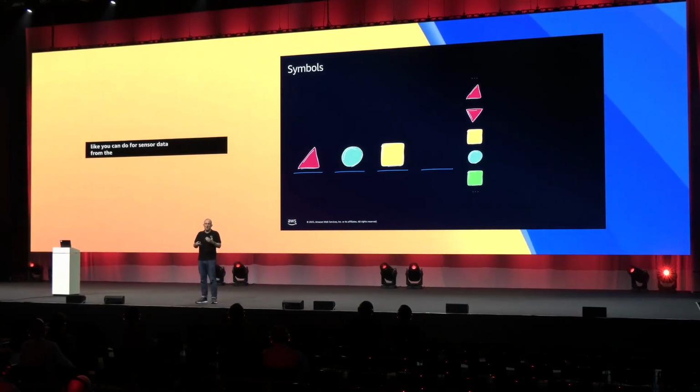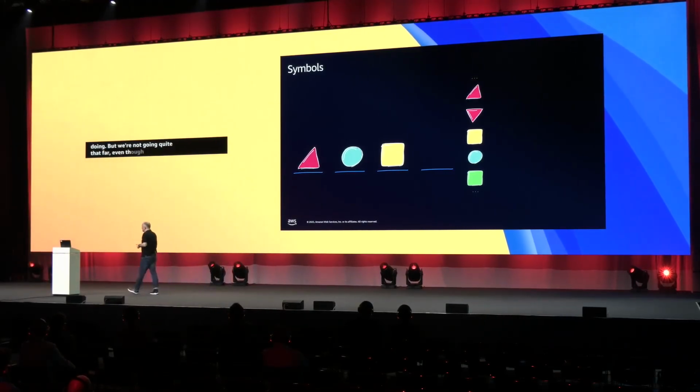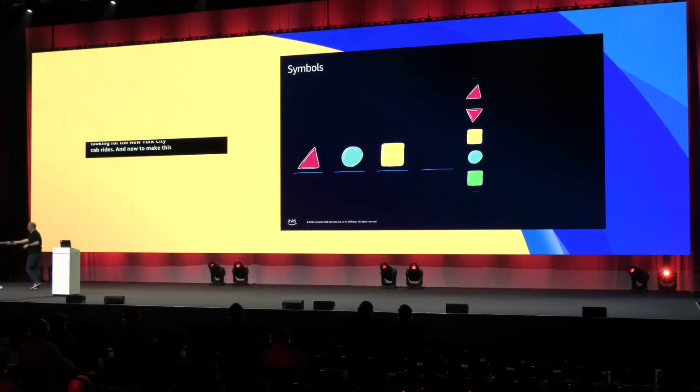And so you could learn from all of this data to predict the next move that, for example, the pedal should be doing. But we're not going quite that far, even though it's something about cars, but we are looking for the New York City cab rides. And now, to make this more specific, Ahmed will tell us what are the next steps.